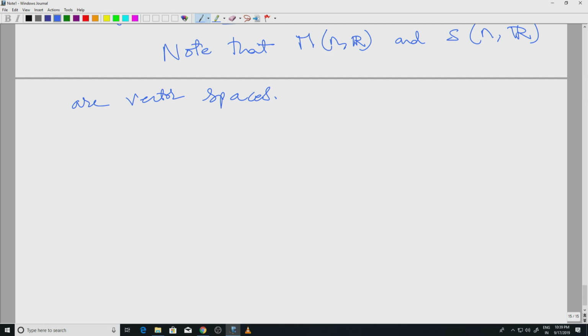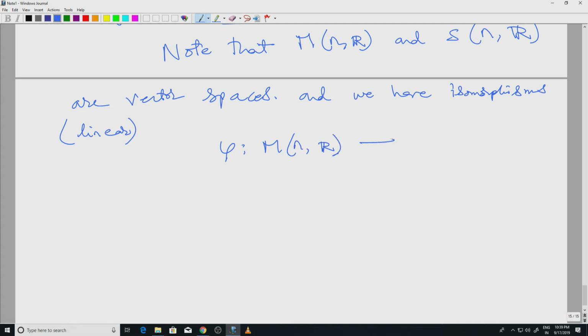So our vector spaces, and we have linear isomorphisms. First is phi from Mn(R) to R^(n squared).